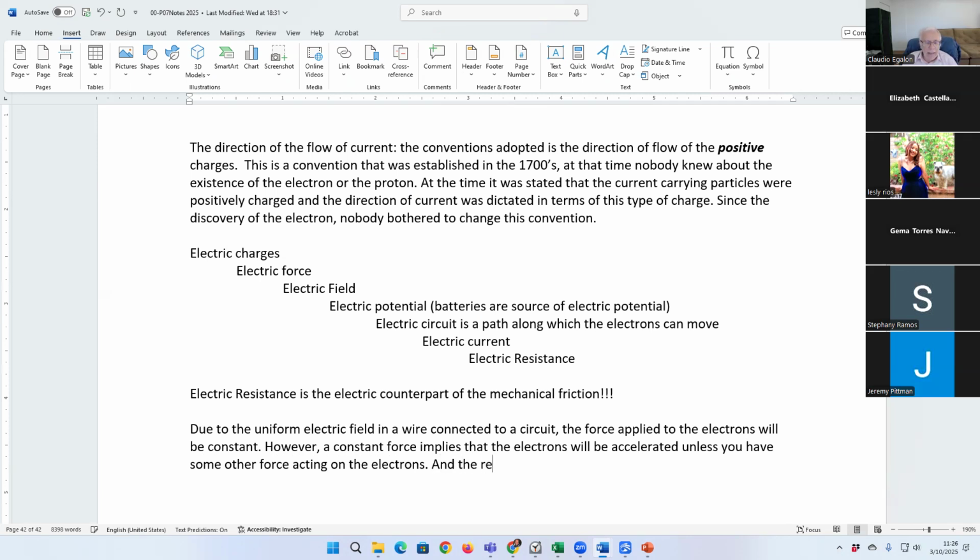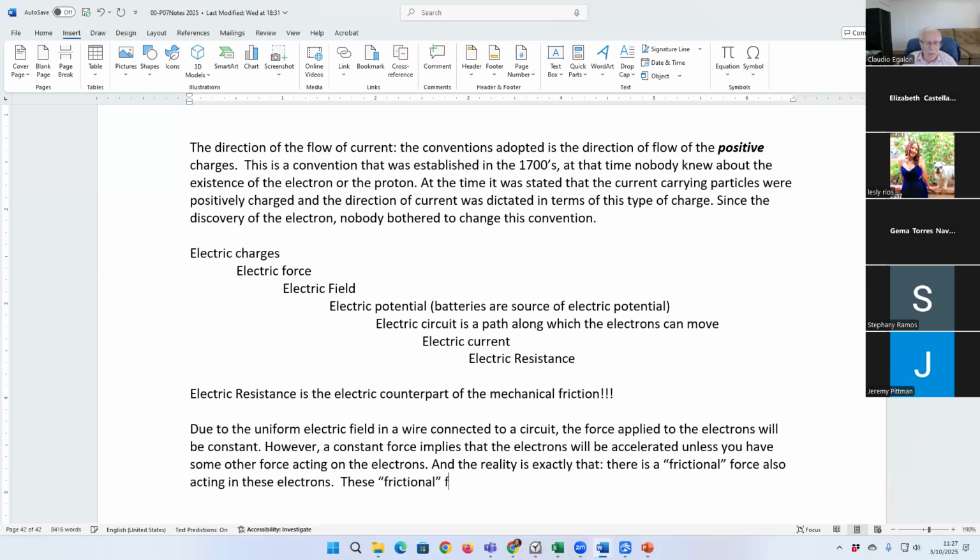And the reality is exactly that. There is a frictional force, which I'm going to put between quotes, also acting on these electrons.